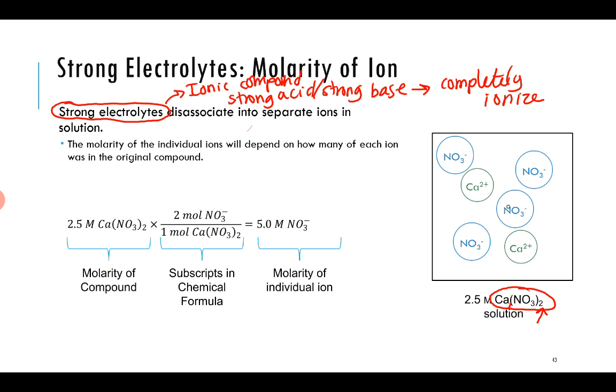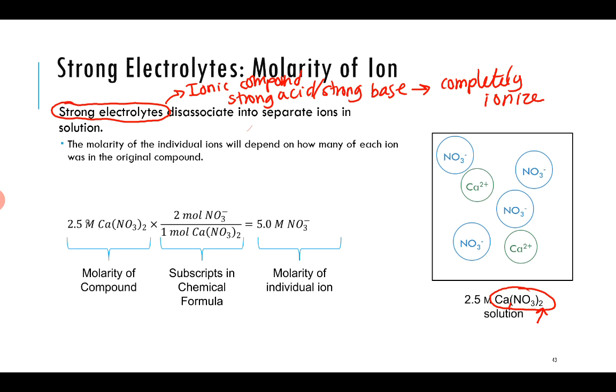It's always a 1 to 2 ratio between those ions. But we can also use these subscripts in the chemical formula as conversion factors between moles of the whole compound versus moles of just a component, one ion.